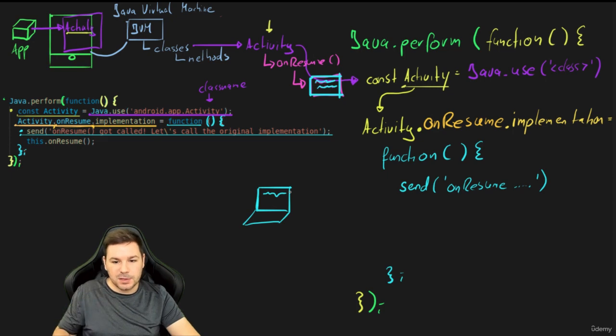And if we would leave this function as it is right now, so if we are overriding the onResume function in this way, then the application would crash. Why? Because here we have overwritten the original method right now. But the original method serves a purpose, of course. There's some code that needs to be run, otherwise the application doesn't function anymore.